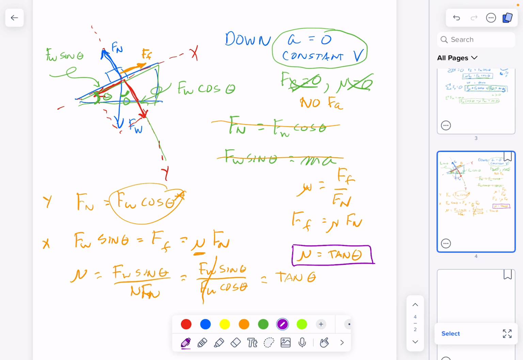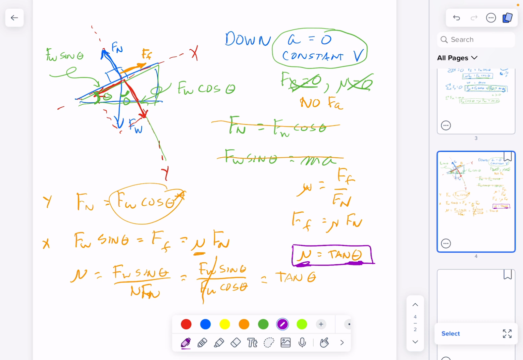Now again, we are talking about the coefficient of kinetic friction, not the coefficient of static friction. So you might have to give the box a little push to overcome the greater static friction, and then it'll move down the plane at constant speed. And so sometimes you're given mu, and you can solve for the angle, and sometimes you're given the angle, and you can solve for mu.